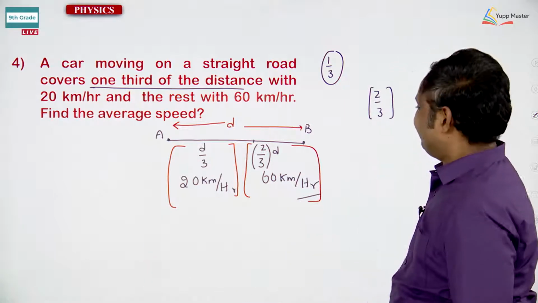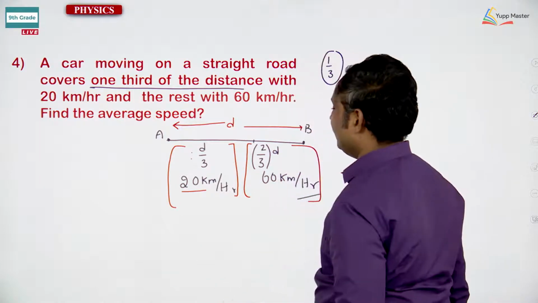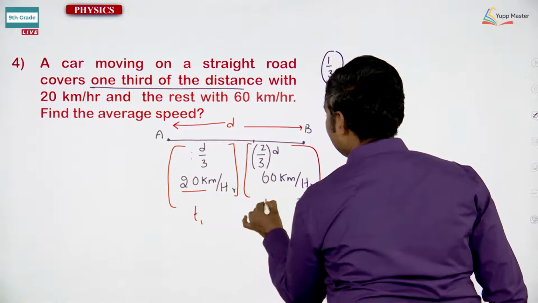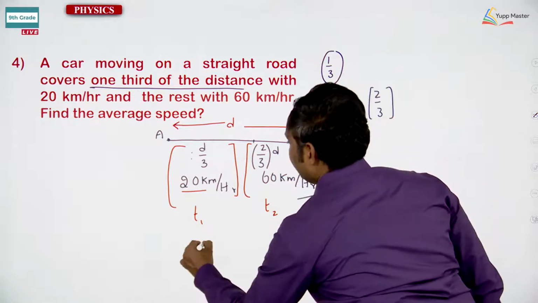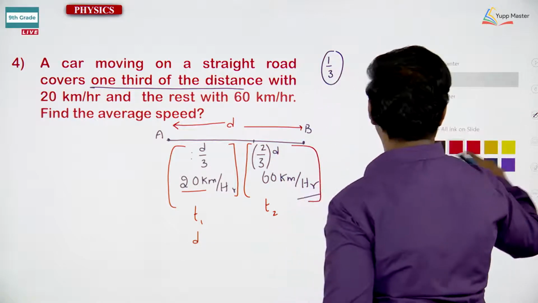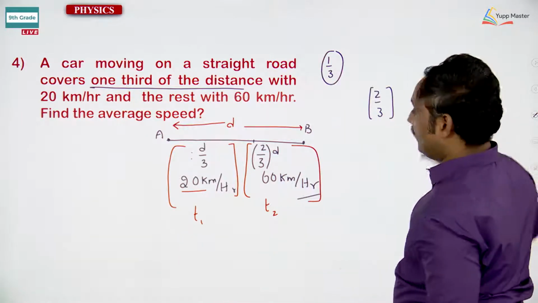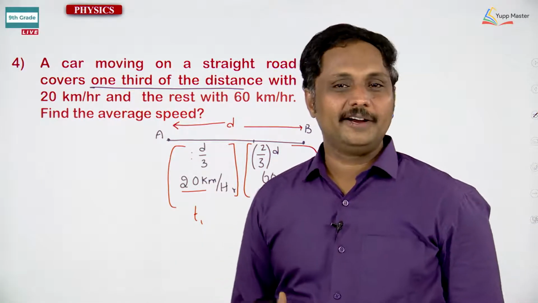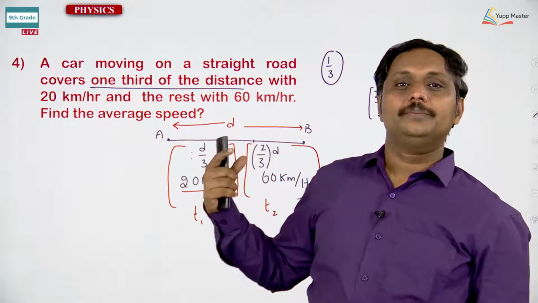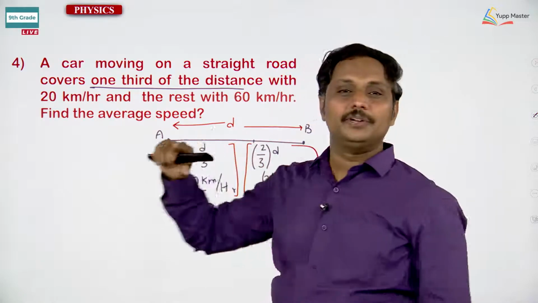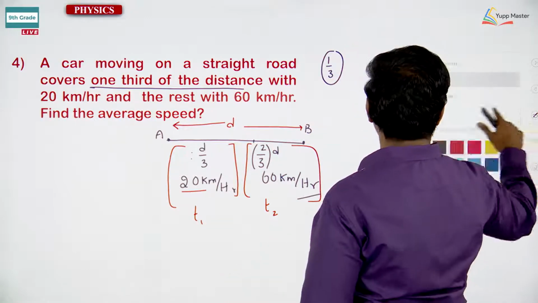Now they have given the distance and the speed, let the times be t1 and t2. This kind of problem is identified with the calculation of the time to cover 1/3 of the total distance, and the remaining we can also calculate.